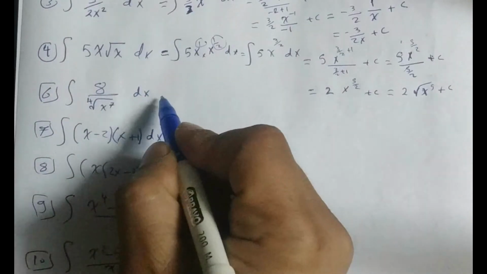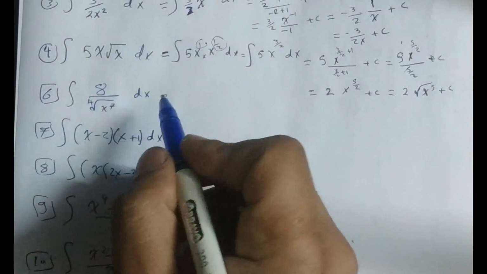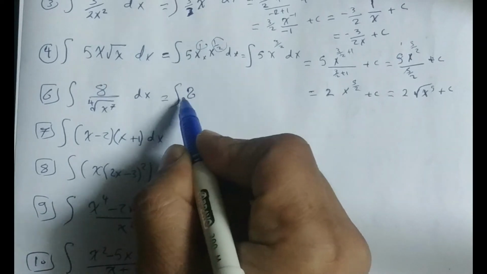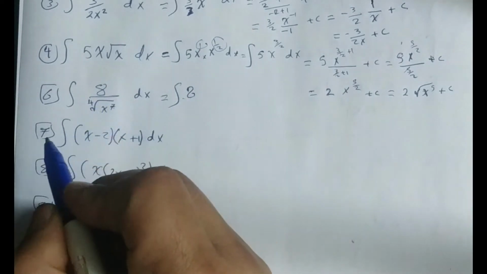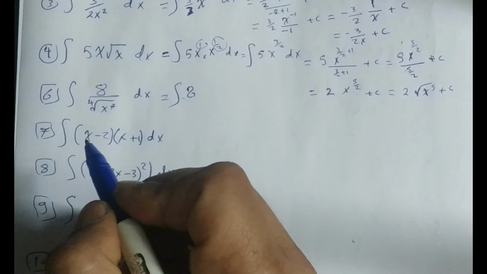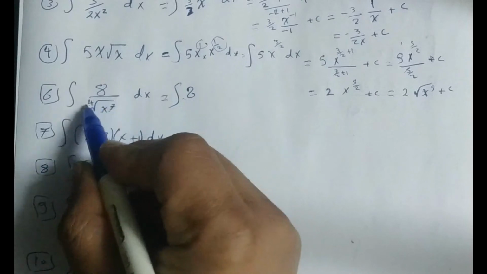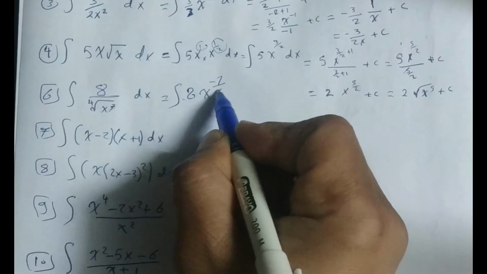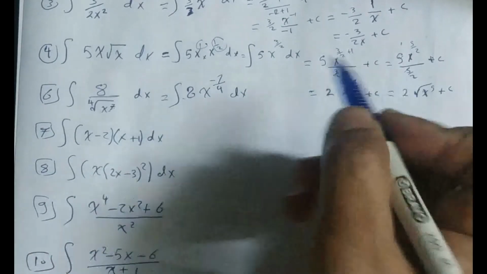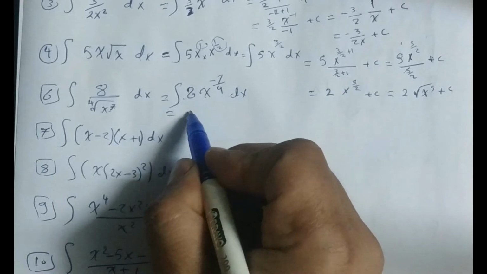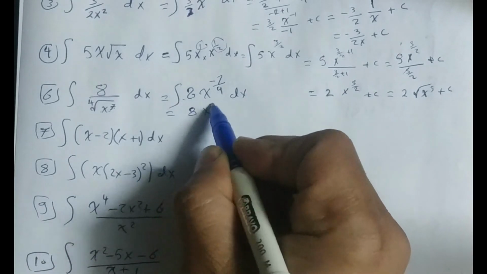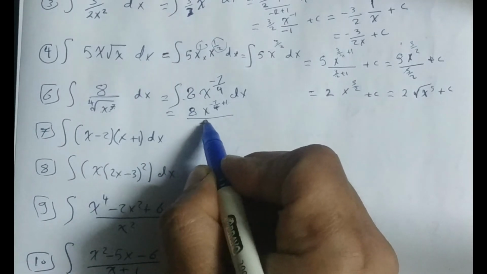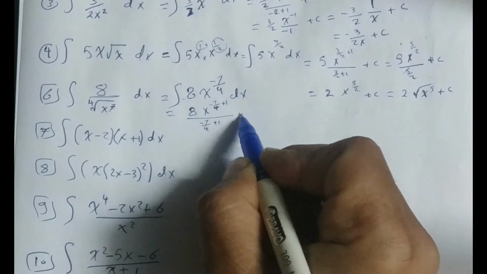Another example like the previous one, but in the other way. Integration of 8 over the fourth root of x to the power 7. We can write it as x to the power 7 over 4 in the denominator, and get it in the numerator as negative 7 over 4, dx, and solve the same way. 8 x to the power negative 7 over 4, by adding 1 and dividing by the new power, plus constant.